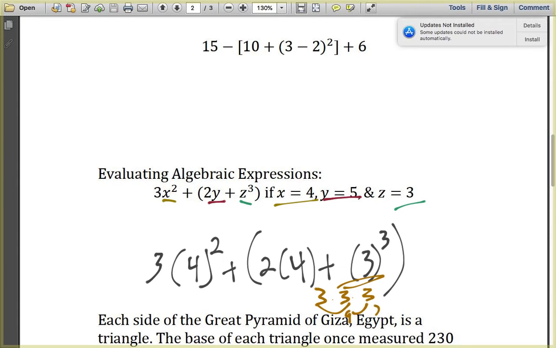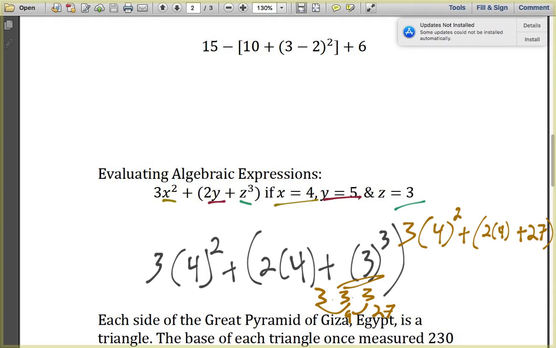9, 27. So I end up with 3 times 4 squared plus 2 times 4. And I need to move this over because I did not give myself enough room at all. Plus 27. Oops.